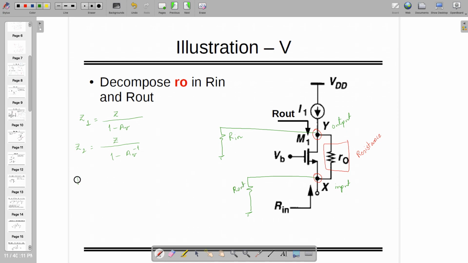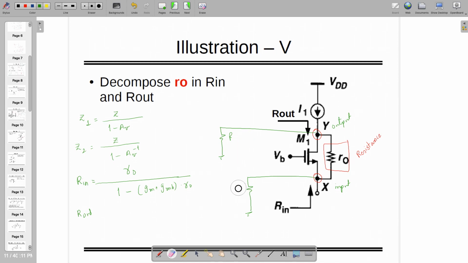So R in becomes, Z is nothing but RO divided by 1 minus (gm plus gmb) times RO. Similarly, for the case of R out, okay, I made a mistake here.